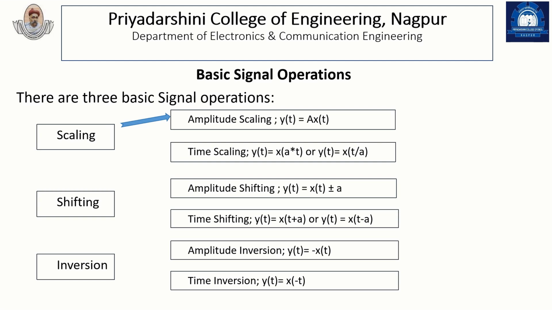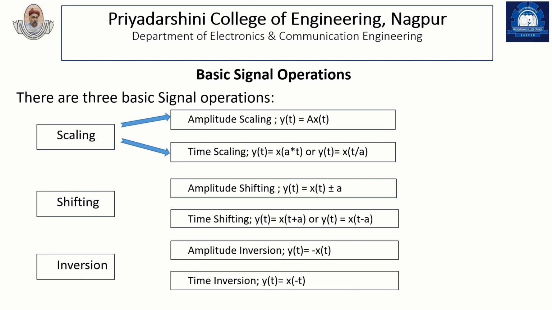The scaling can be further viewed as amplitude scaling and time scaling. The amplitude scaling signal is y of t equals a into x of t, where a is the scaling factor. So in amplitude scaling, the amplitude of the signal gets multiplied with the scaling factor.